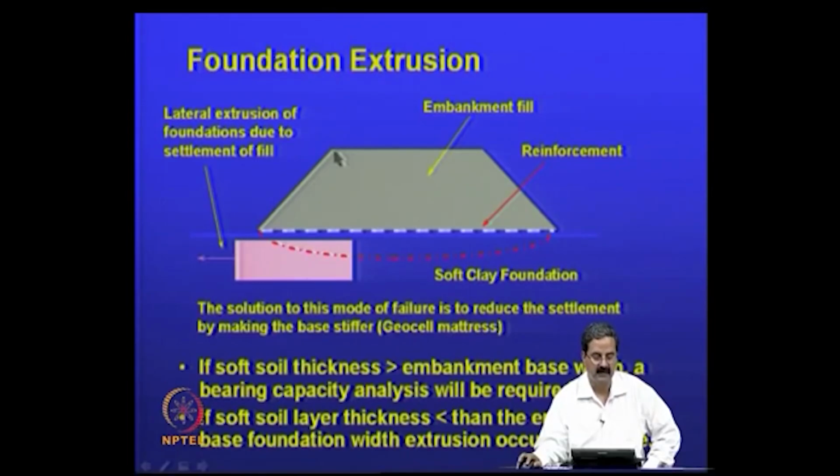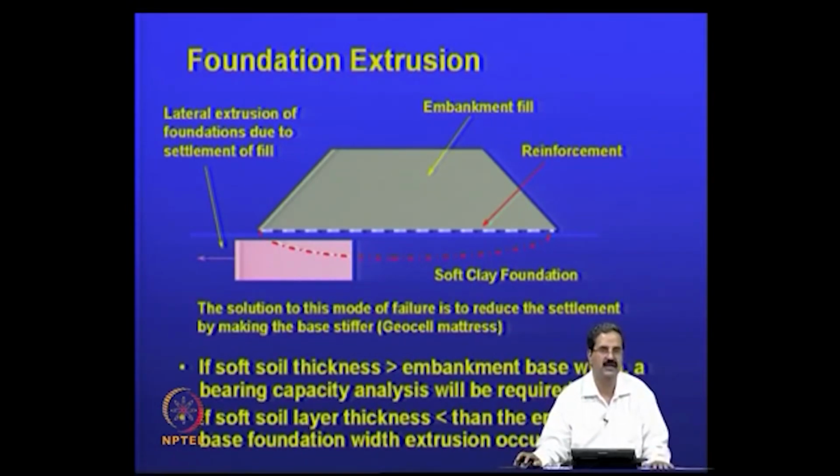Say for example, you have a height of 4 meters, and then this is a 1:1 slope, so this is 4 meters, this is 8 meters, this is 4 meters. So, totally 12 meters, and the soft soil is say 15 meters.